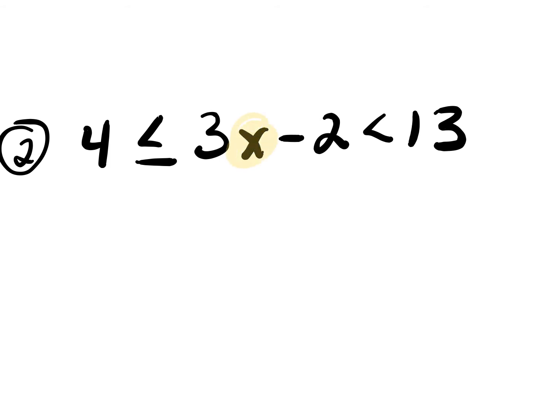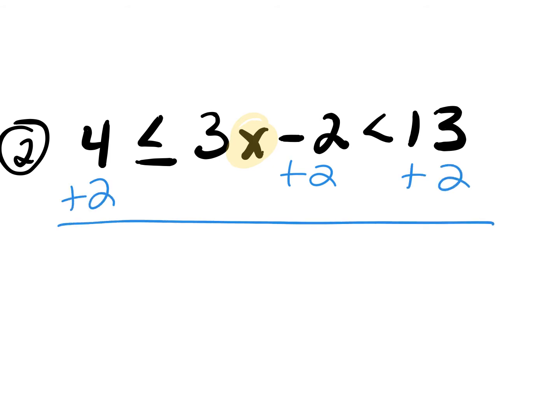So how would I do that? I would add 2. Now when I add 2, I'm going to add 2 to the right-hand side and the left-hand side. So add 2, and add 2. So 4 plus 2 is 6, less than or equal to 3x, less than, what's 13 plus 2?